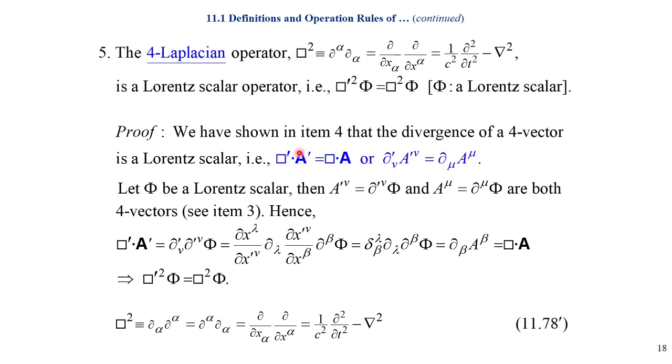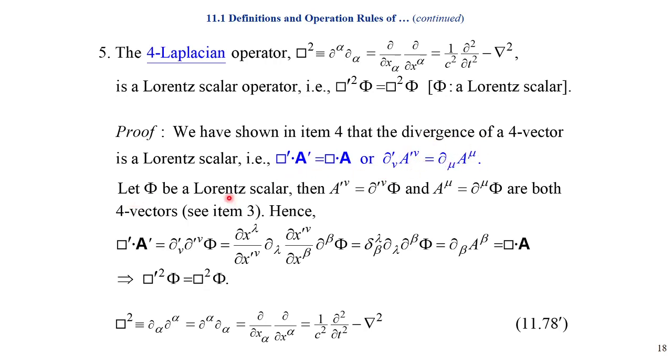We have shown in item 4 that the divergence of a 4 vector is a Lorentz scalar. So we can use the same properties. Divergence of a 4 vector is a Lorentz scalar, all denoted in this form.